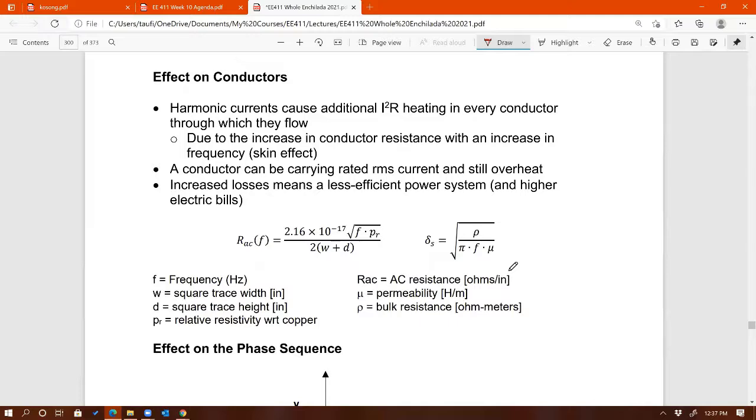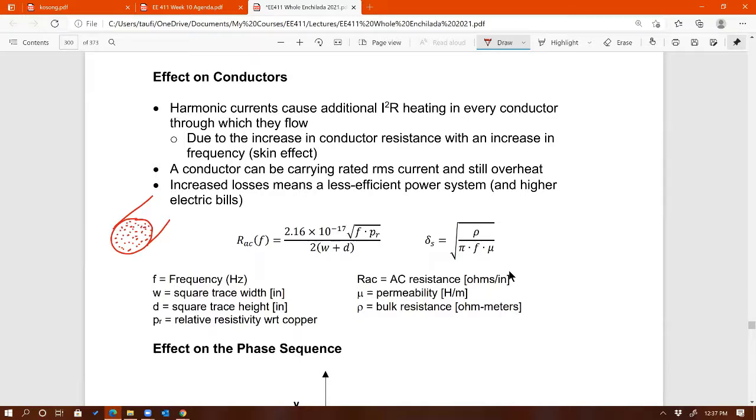You remember skin effect, right? If I draw the cross-sectional area of a wire, and we inject DC current, then the electrons populate the entire cross-sectional area of the wire.